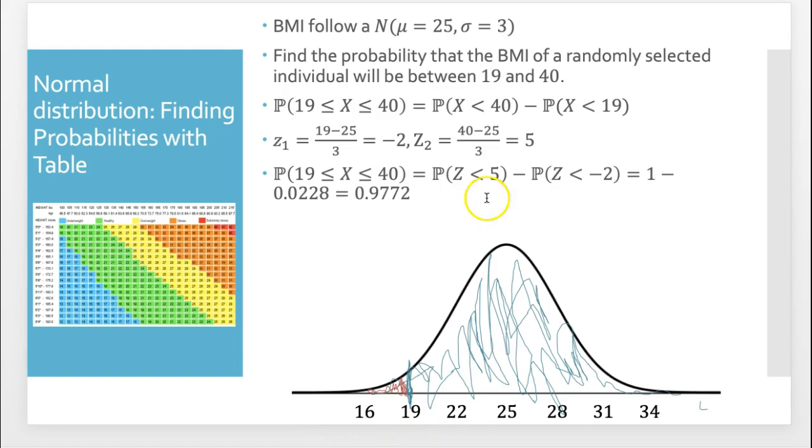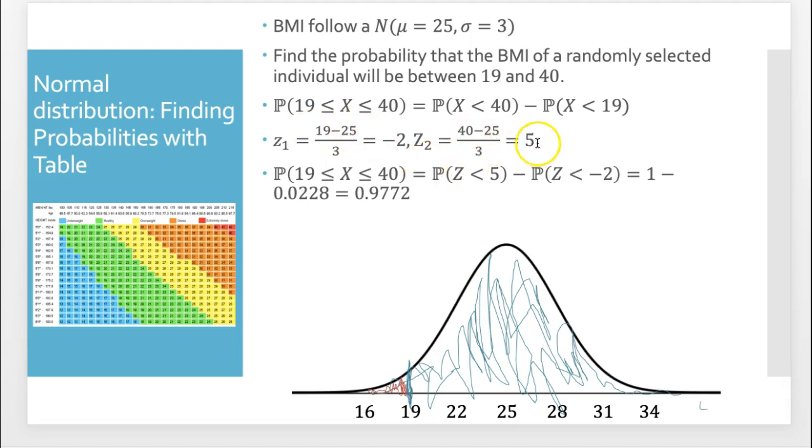So that's why we write it that way. We take the larger value, find the z-score, and that's our probability, but we would have counted too much. So we need to subtract off this little tail end, and so that's why we do the smaller one, find the z-score, and then subtract away what we find from the table. Just remember these z-scores: -2 is saying that a BMI of 19 is 2 standard deviations below the mean of 25.